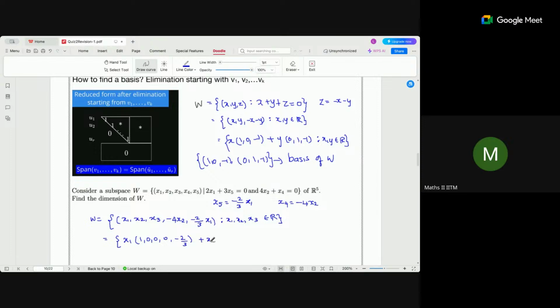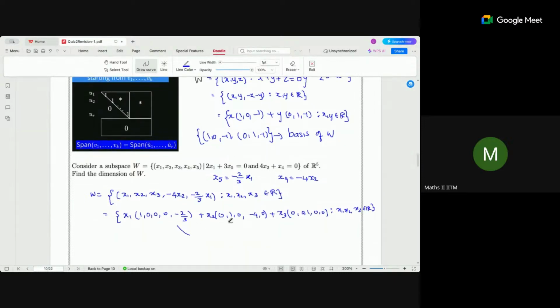For x2 it is 0, 1, 0, minus 4, 0. For x3 you get 0, 0, 1, 0, 0. So these three vectors form a basis.